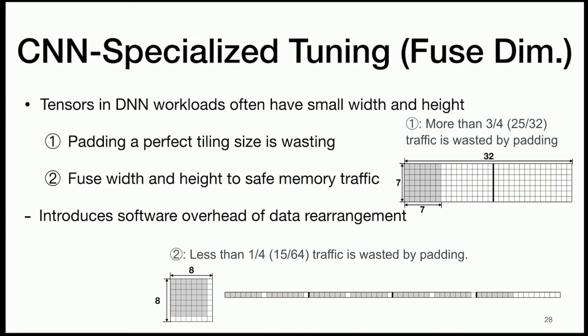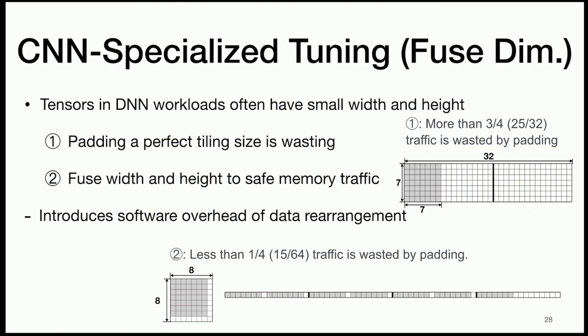For example, for a 7 by 7 tensor, to make the width dimension tileable by 32, it wastes more than 3/4 of the memory bandwidth. The optimization we apply here is to pad 2 dimensions respectively and fuse them into one. By doing this, only less than 1/4 of the memory traffic is wasted.